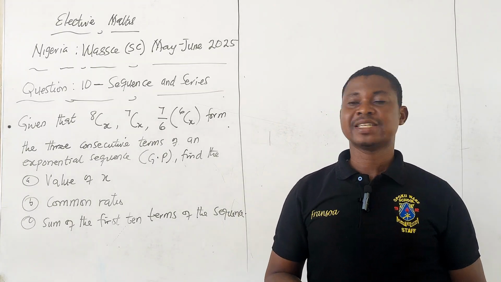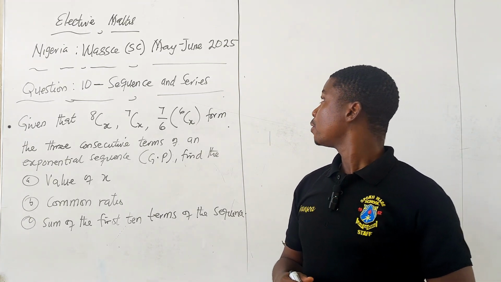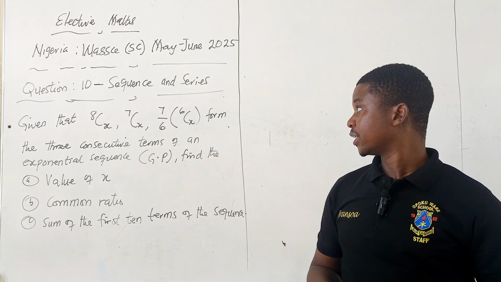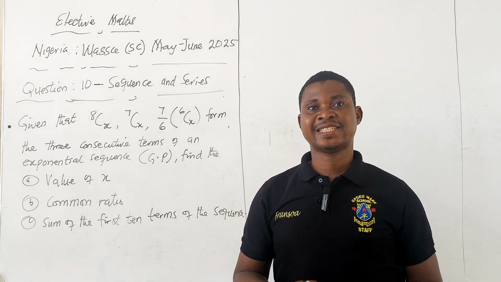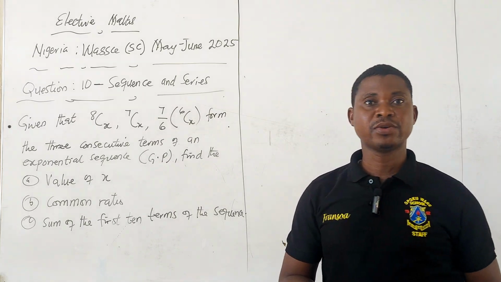Today we are going to look at Elective Maths, Nigeria WASSCE 2025 for May/June, question number 10. The question is on sequence and series.